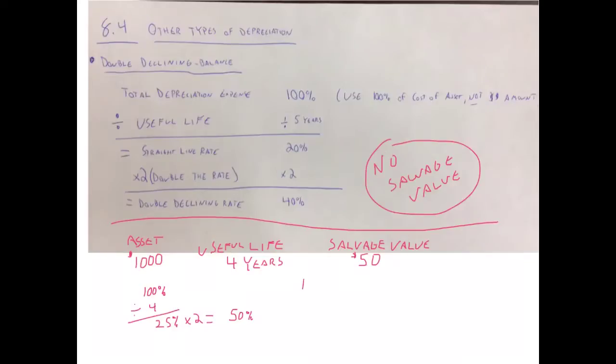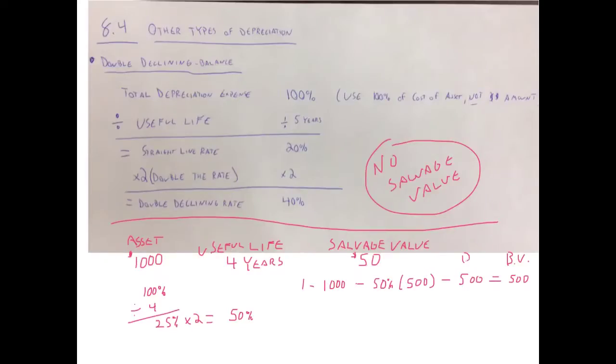Alright, so in year 1, we have basically $1,000 minus 50%. That's going to be $500. So in year 1, we're going to depreciate $500, and we're going to have a book value then of $500.